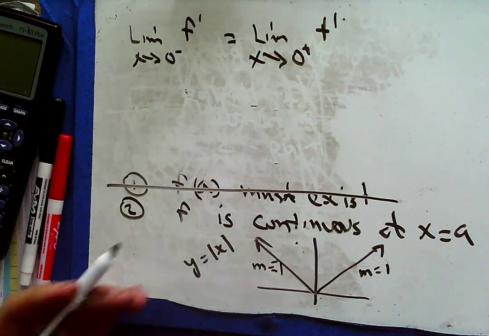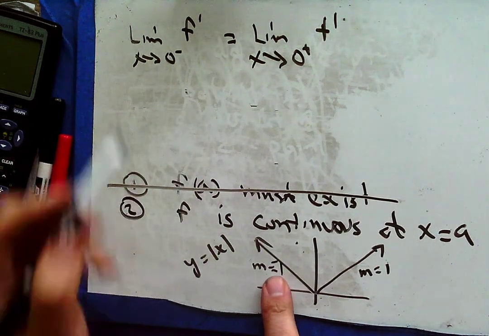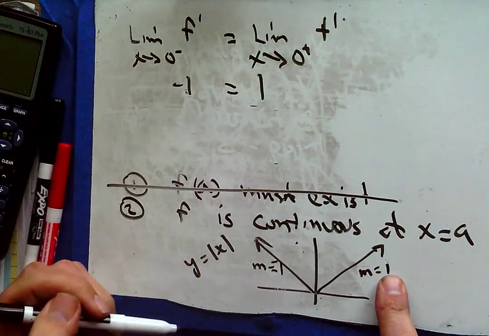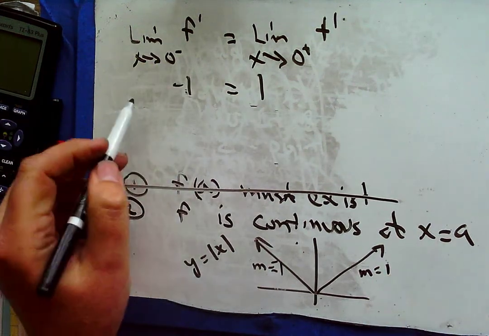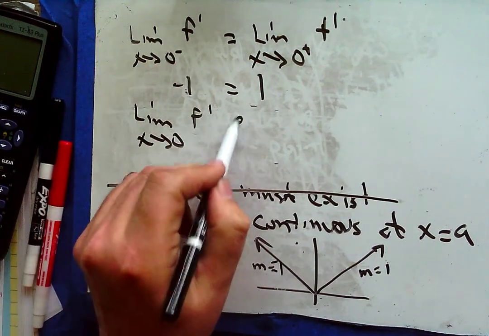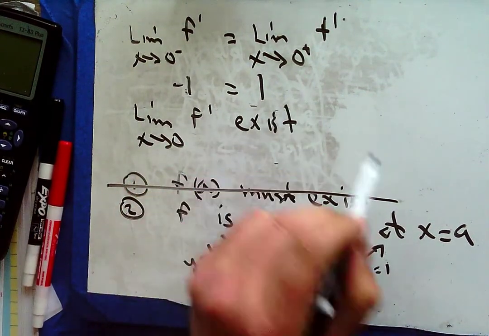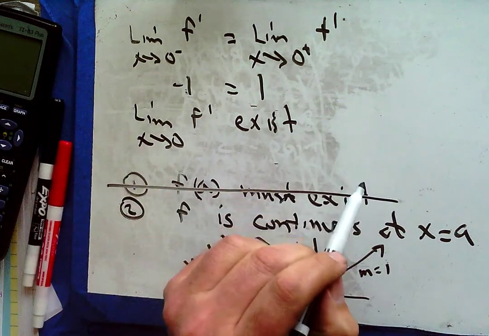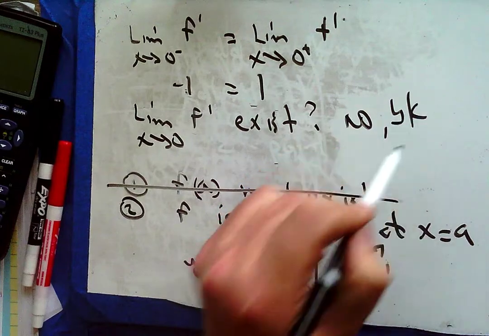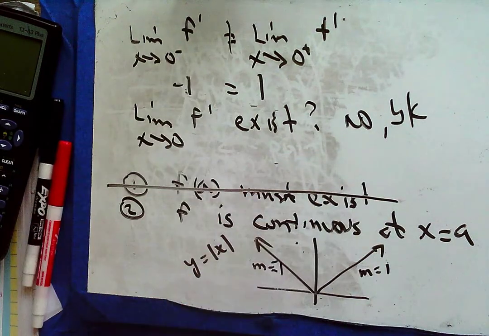What can we say about the limit of the slopes? Well, this slope is always negative 1, and this slope is always positive 1. So can the limit as x approaches 0 of f prime exist? No. Because these limits are not equal.